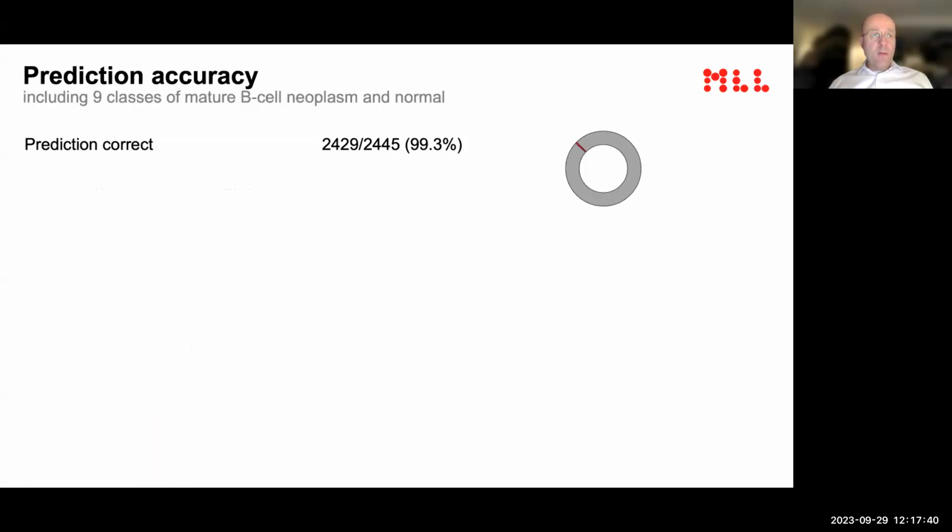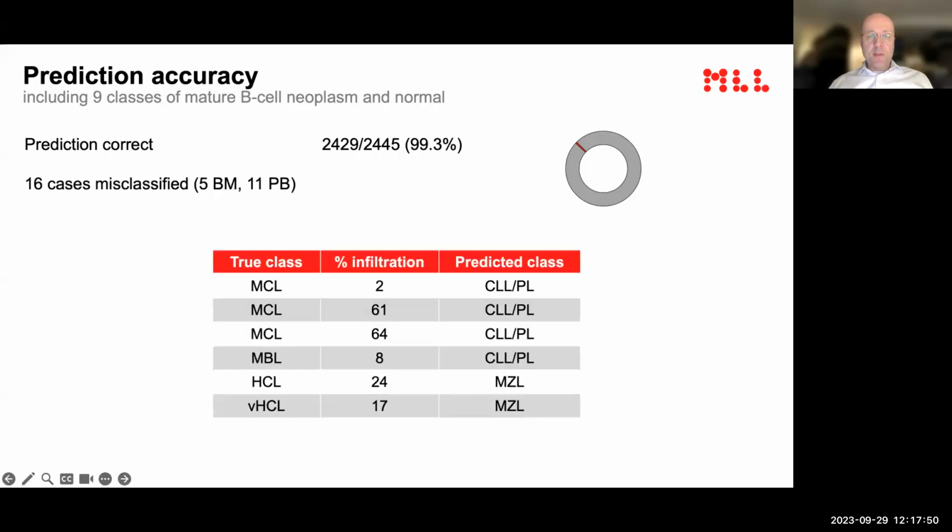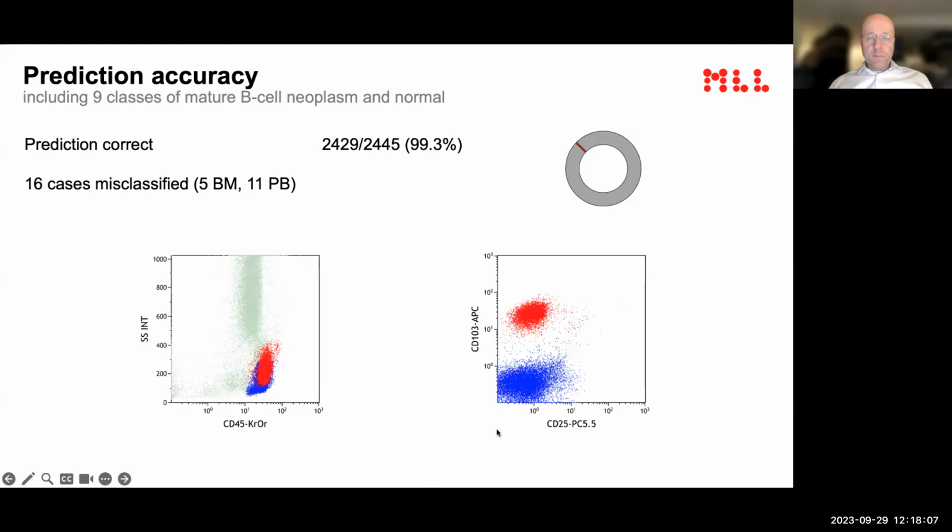And then we included all 9 classes of B-cell lymphoma which we entered into the system. And still the correctness has been above 99%. And as anticipated, based on the previous analysis, the CD5 positive cases were wrongly predicted among each other, and the CD5 negative cases also.